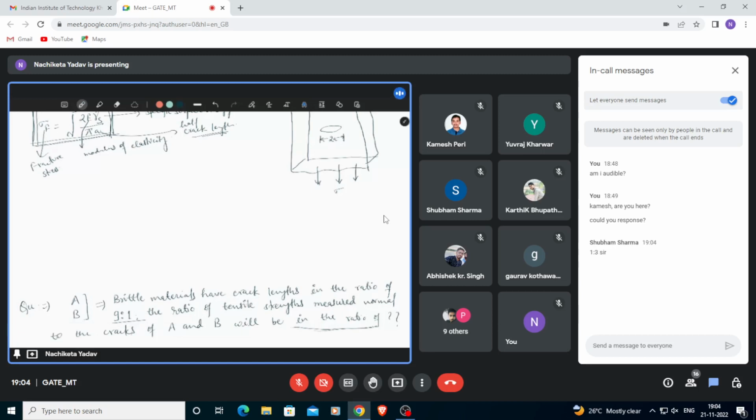1 is to 3, right? Anyone else? Anyone is getting some different value?